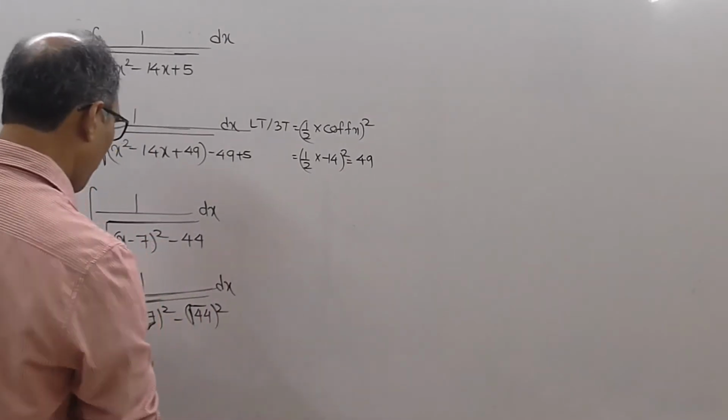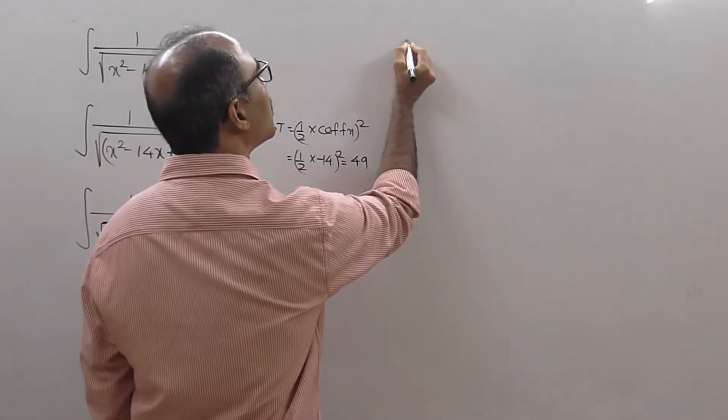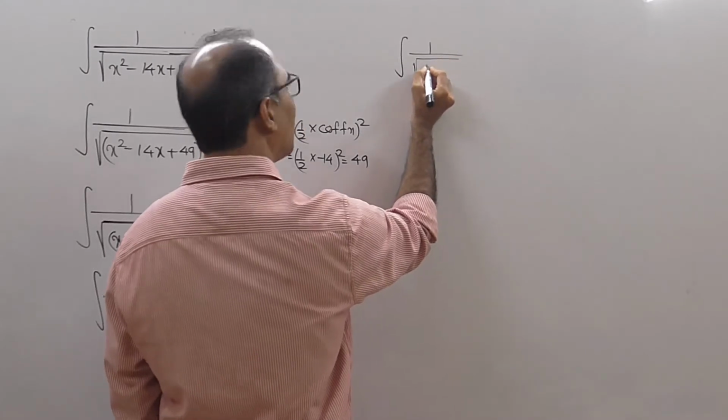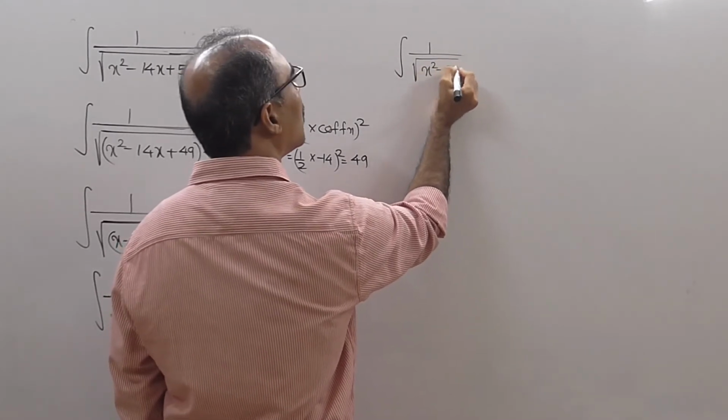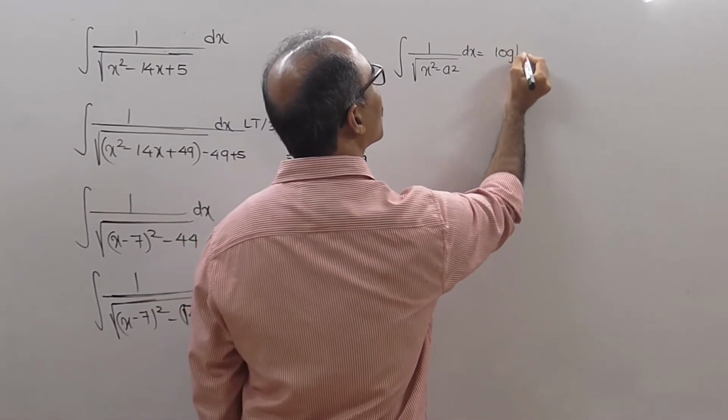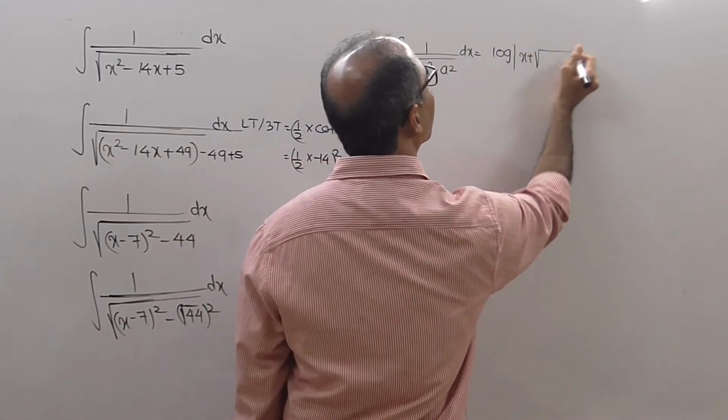So this is in the form of integration 1 upon root of x square minus a square dx, that is equal to log modulus x plus root of x square minus a square plus c.